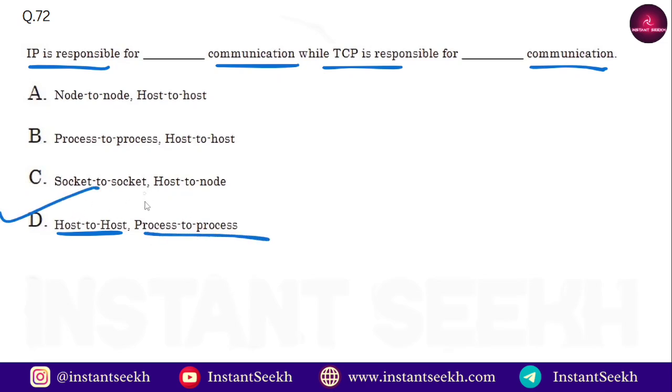TCP ensures reliable delivery of data between processes running on different hosts, whereas IP is responsible for handling or addressing of packets from one host to another host. So option D is your correct answer. Let's move on to the next.